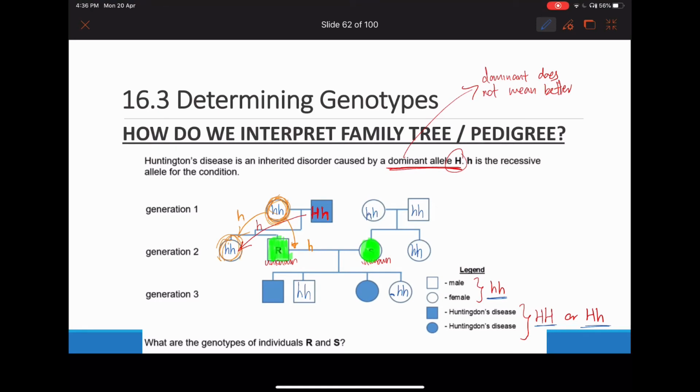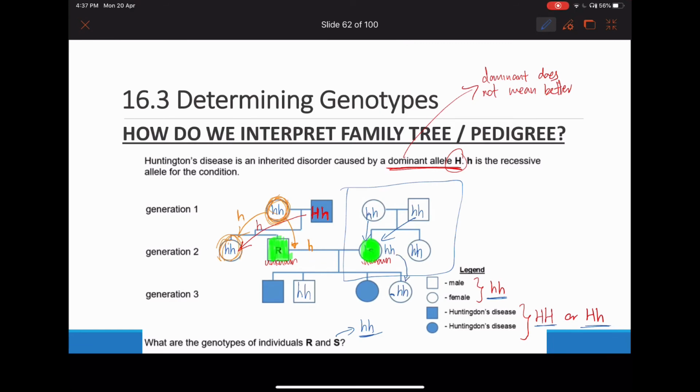Now when we come back to the other side of the family tree, take a look at this entire family tree. Both the parents are small h, small h, which means both are homozygous recessive. This shows that the kid over here, no matter what, will always inherit a small h from the parent. So this individual S is small h, which means individual S is responsible for passing down the small h allele.